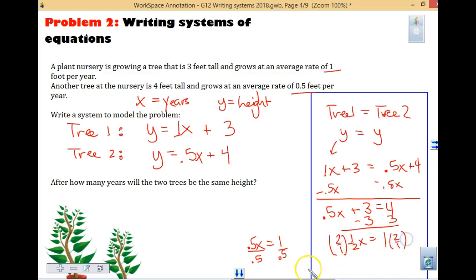If you do it on your calculator, x comes out to equal 2. And the question said in how many years? x is our years. So the answer to our question is going to be 2 years. Do we need to know the height? Does it ask us for the height of the trees? No. So you are done with just finding the one variable.